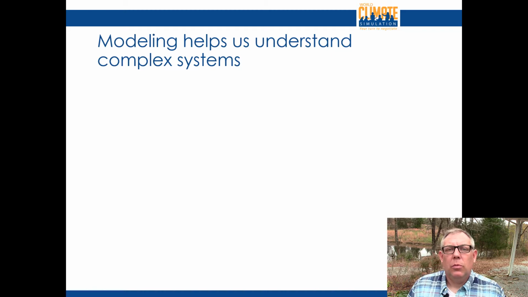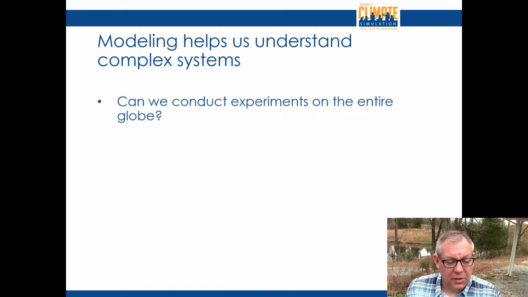And so one way to get a handle on this is by the use of models, and we did some very simple models early on, but when you're studying large-scale ecological phenomena, you do a lot of modeling. It helps us understand complex systems. We can't conduct experiments on the entire globe. We can't conduct experiments on entire ecosystems, right?